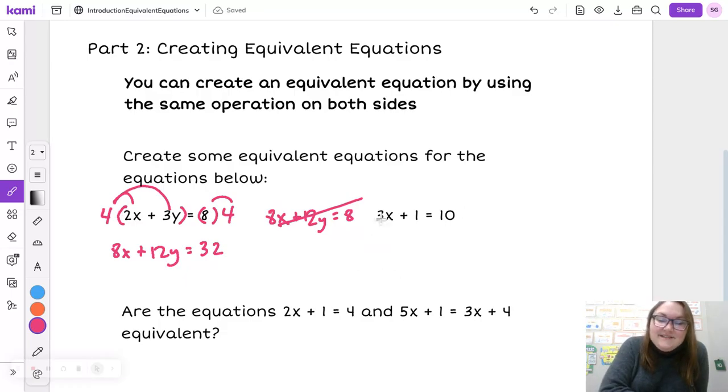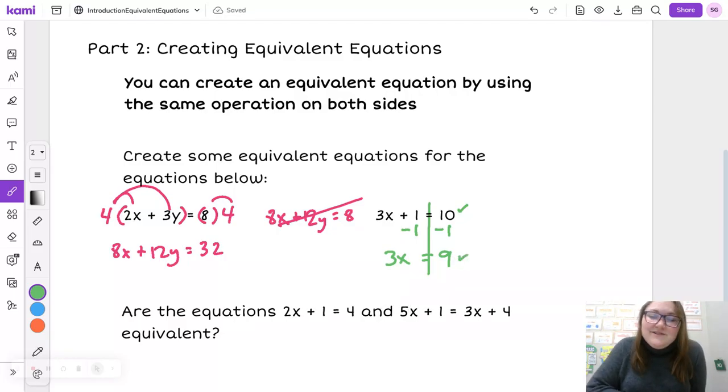You can also do this with equations with one variable. We're used to, when you see an equation like this, subtracting 1 on both sides. We're really focused on solving equations. And sure, 3x plus 1 equals 10 and 3x equals 9, those would be equivalent equations. But there are so many other things you could do.